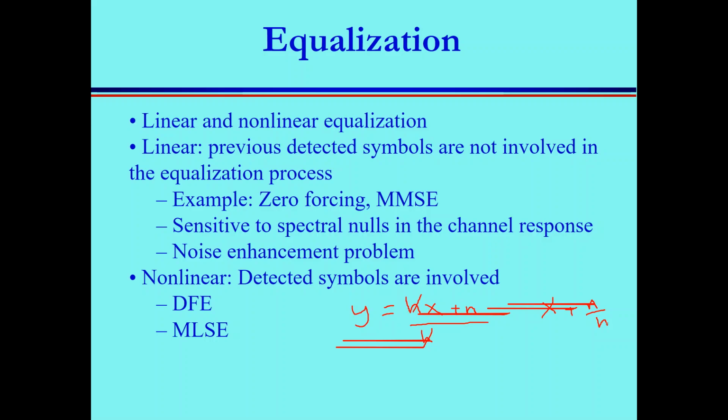What happens to the noise signal? It reaches very high values. It affects your symbol. The noise overcomes your signal because you amplify it. So this is the problem of noise enhancement. And you got it, why we divide by H, we cannot subtract.